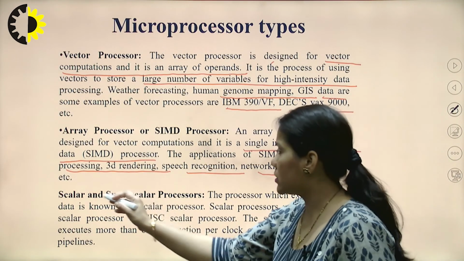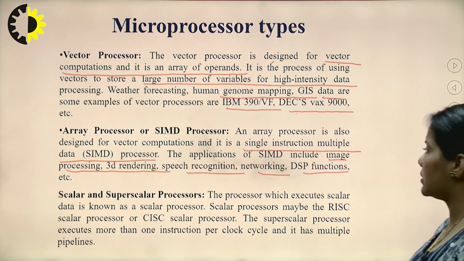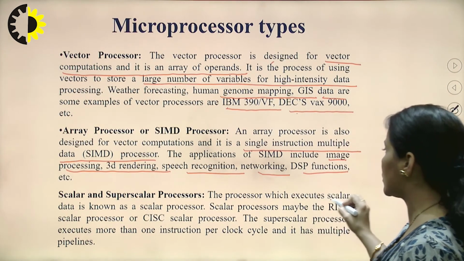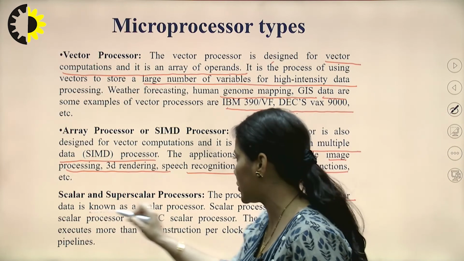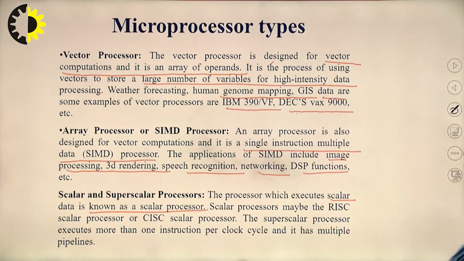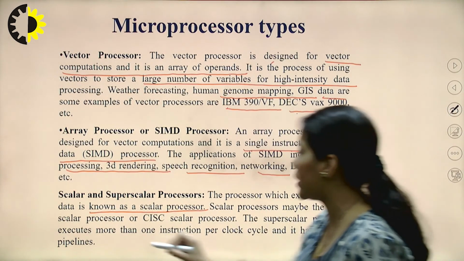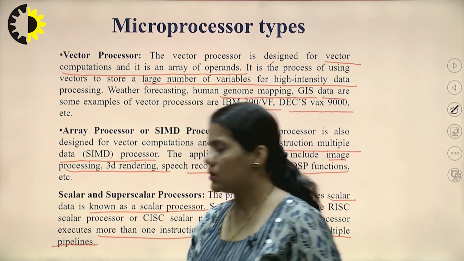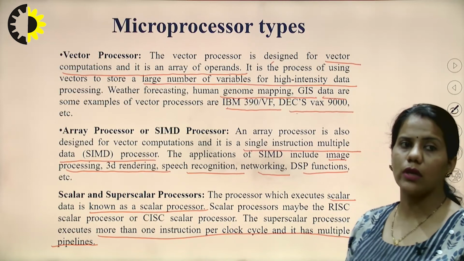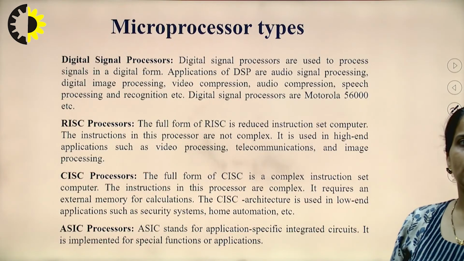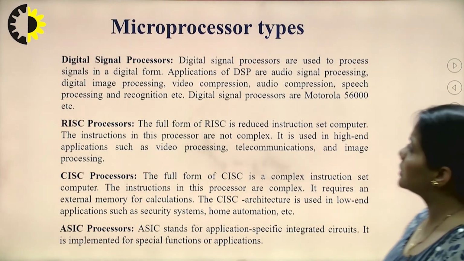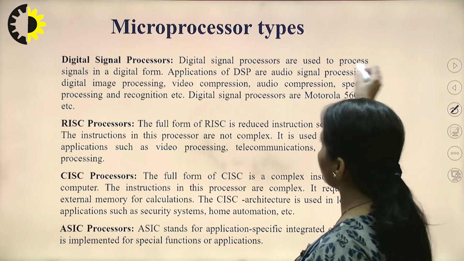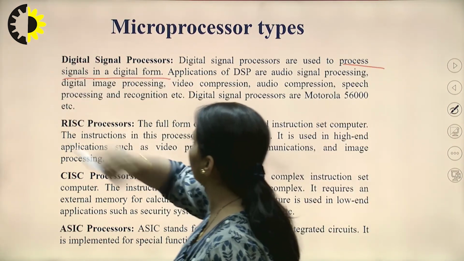When we talk about the scalar and the superscalar processor, the processor which executes scalar data is known as the scalar processor, and the superscalar processor executes more than one instruction per clock cycle, and it has multiple pipelines. So this is the basic difference between the two categories. When we talk about digital signal processors, these are used to process signals in digital form.